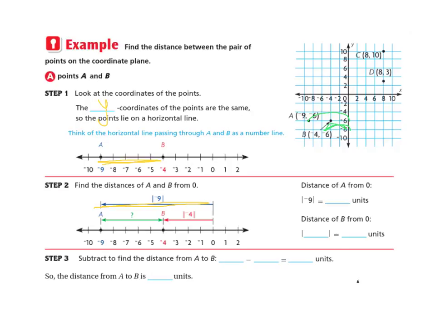So basically what you're doing is you're taking the absolute value of -9 and subtracting the absolute value of -4. And that would give you 5 units. So the distance from A to B is 5 units. What I like to do, boys and girls, is I notice that these two are the same, -6, -6. So then I just say, well, what's the difference between those two? And that helps me to find the distance.